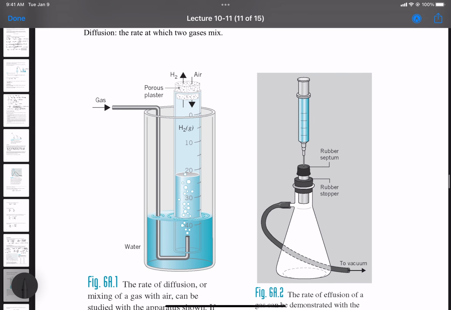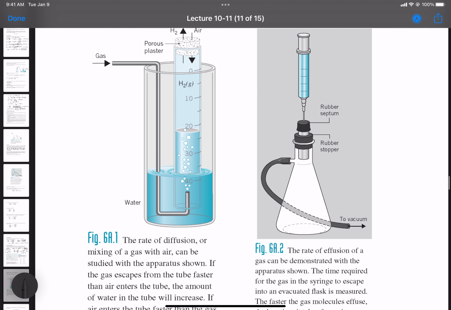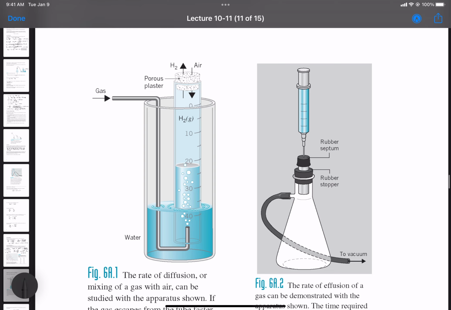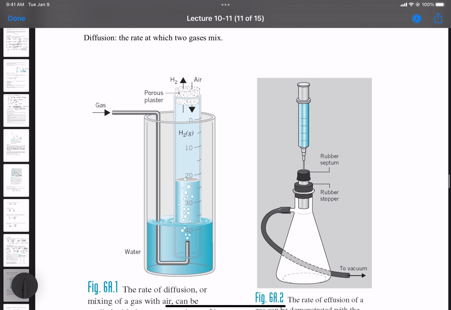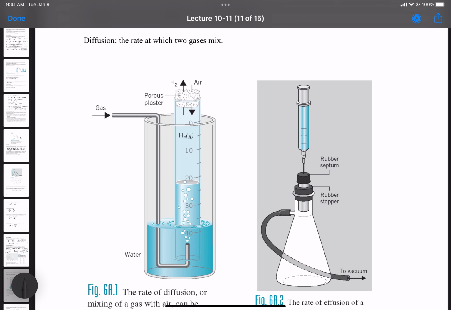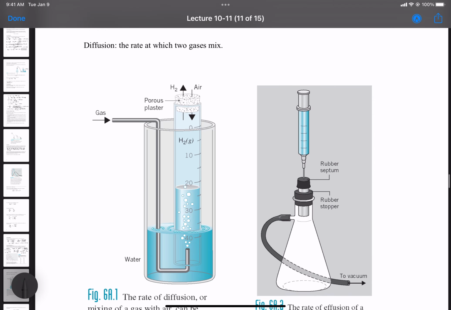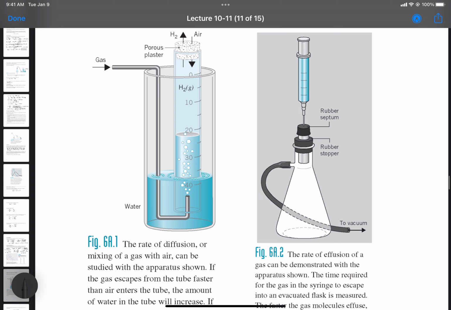Okay, so the rate of diffusion can be studied with this apparatus. We use this porous membrane at the top to help illustrate diffusion between the air and the gas within the tube. So the gas escapes from the tube faster. We can estimate what's happening first.